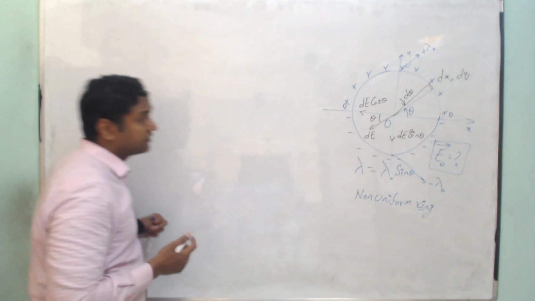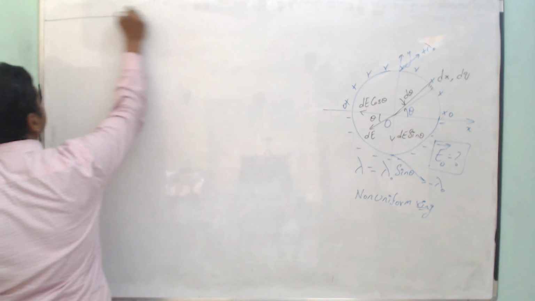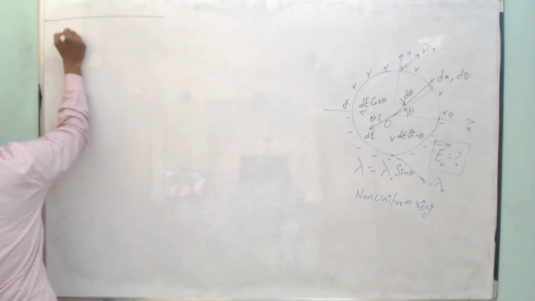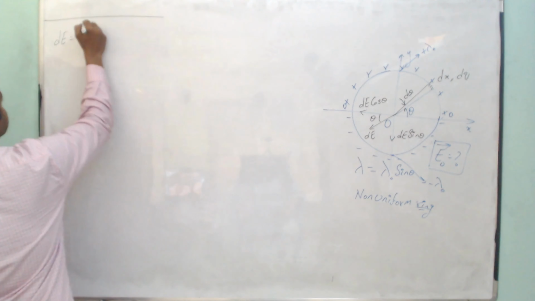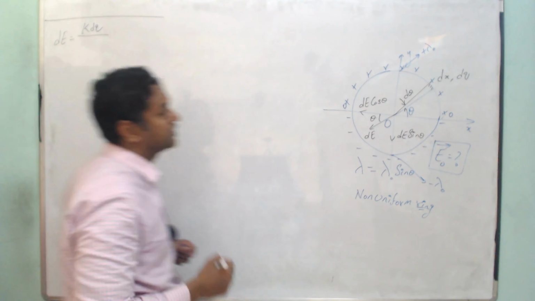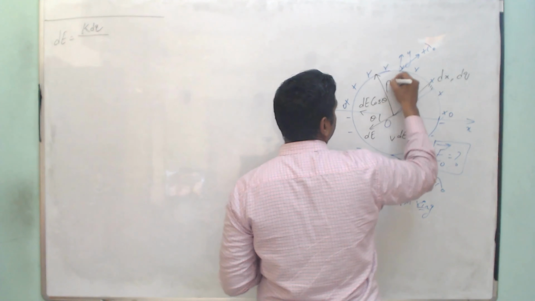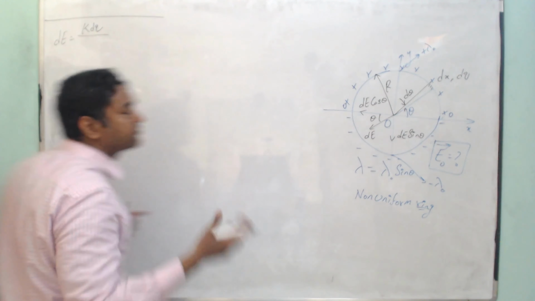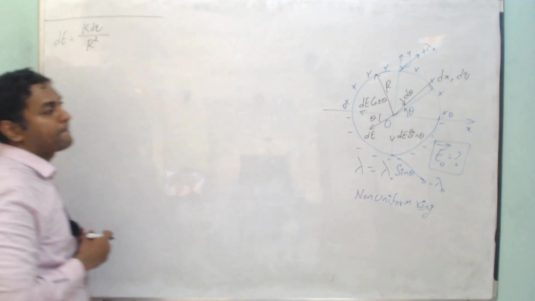Let me write what is the dE first. So the electric field dE due to the small charge dq can be written as k dq by, let's take the radius to be capital R, which is a constant for the entire circle, so I'm not much worried, no problem. Fine?